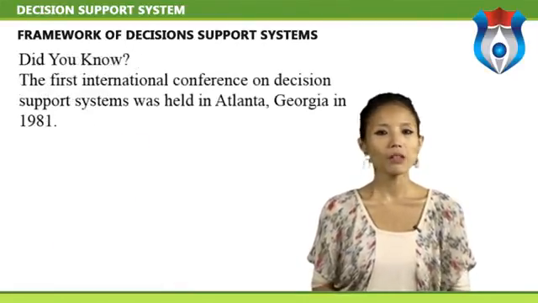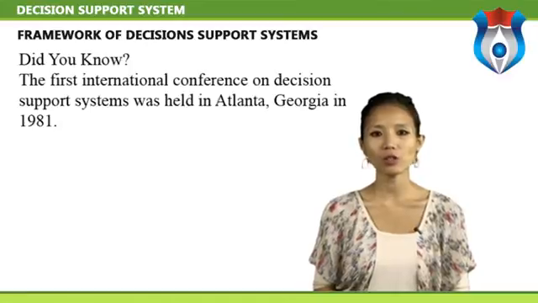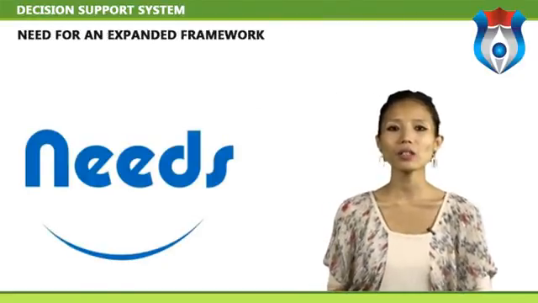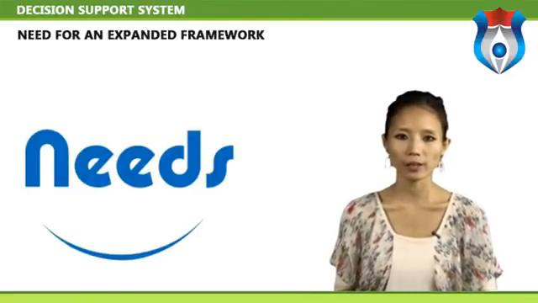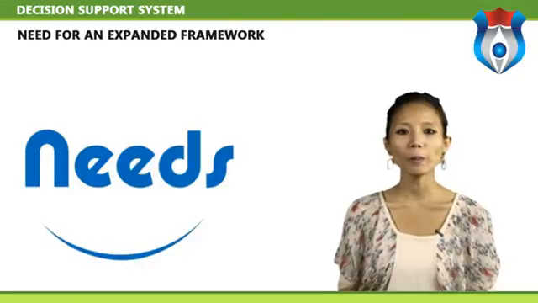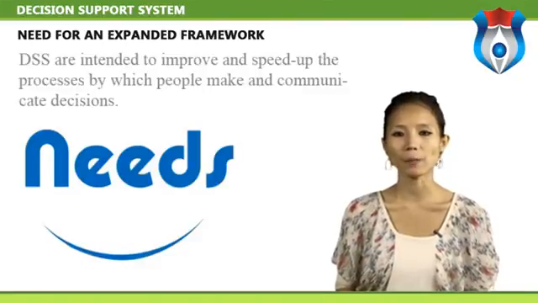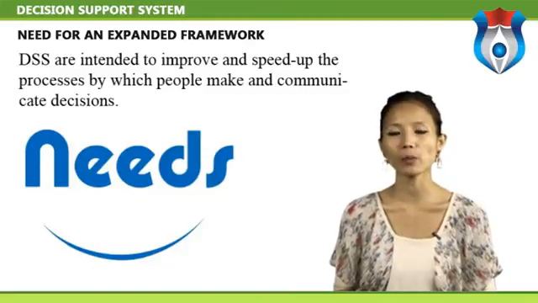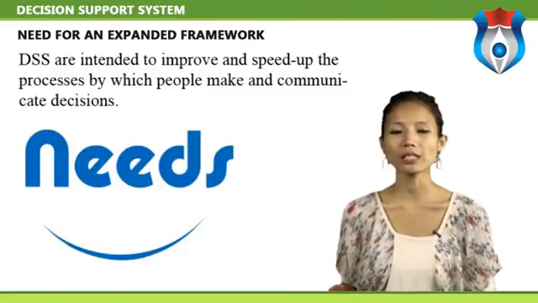Did you know the first international conference on decision support system was held in Atlanta, Georgia in 1981? Let us now understand what the need for an expanded framework is. Decision support system should be defined as a broad category of information system for informing and supporting decision makers. DSS are intended to improve and speed up the processes by which people make and communicate decisions.